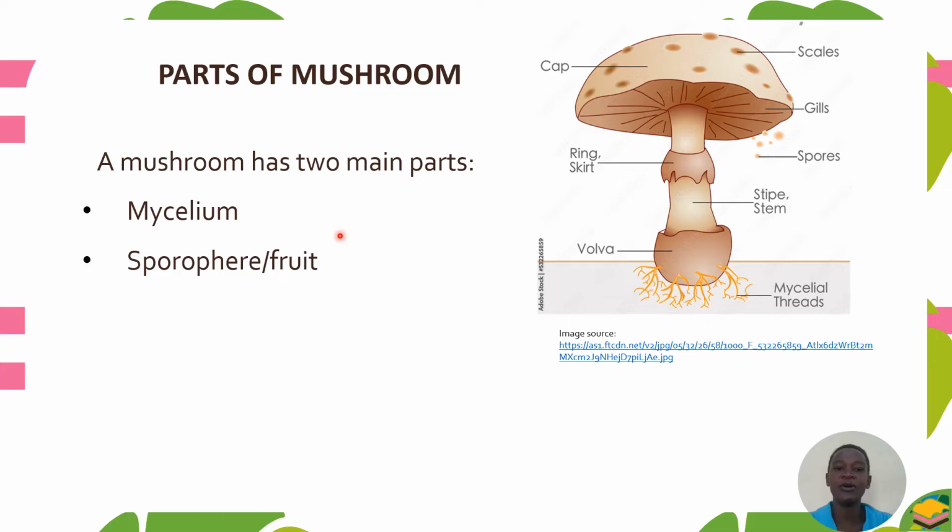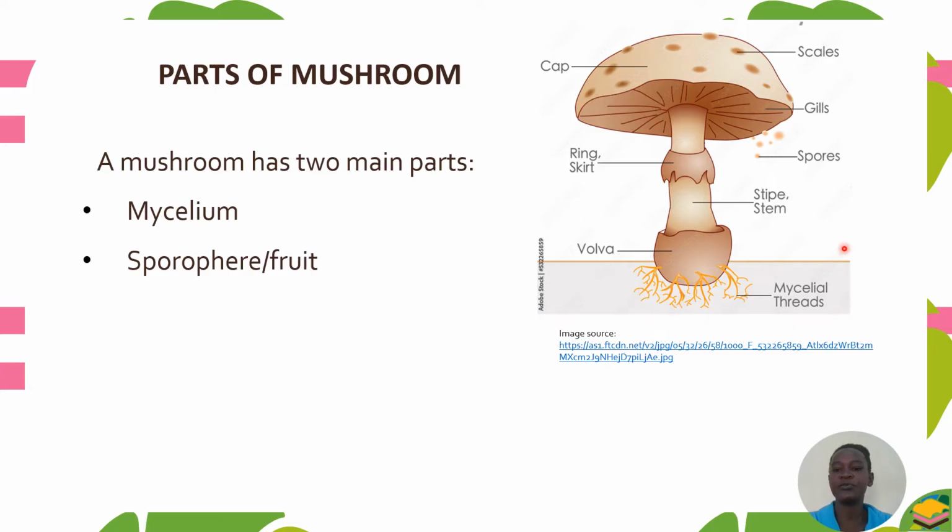Let us now look at the parts of mushroom. A mushroom has two main parts. We have what we call mycelium and sporophyte, or the fruit. So the mushroom is divided into two main parts, mycelium as well as sporophyte, or the fruit.